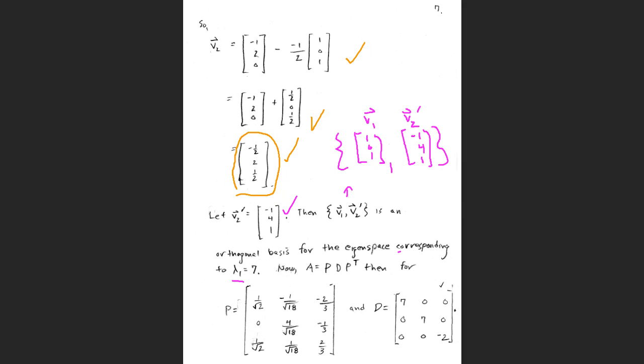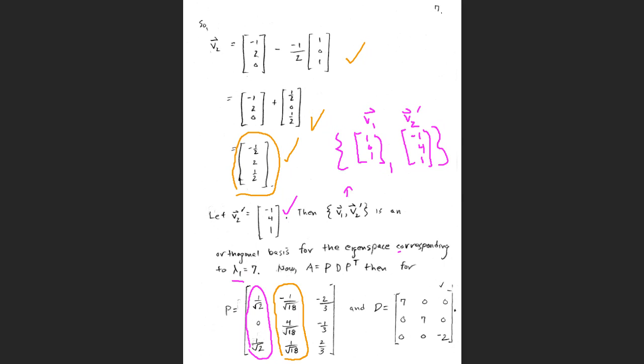Now, to get the matrix P, we have to normalize these. We have to normalize the V1 vector, so you divide by square root of 2. We have to normalize the V2 prime vector. The length of that vector is square root of 18, so you divide all the components by square root of 18.